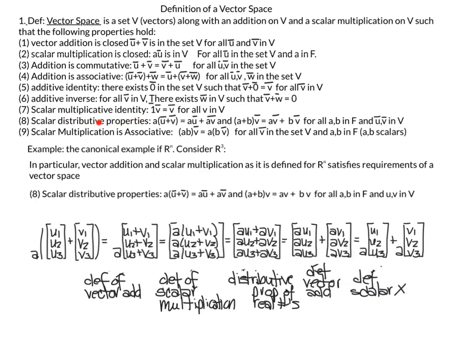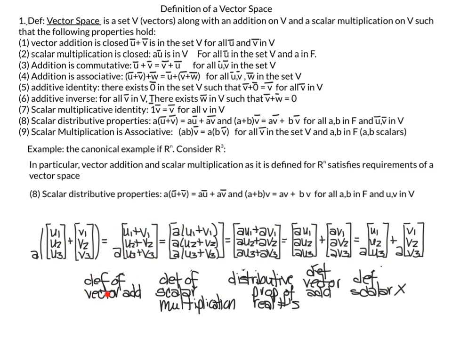Next is our scalar distributive property. So a scalar a times the vector u plus v is going to equal the scalar a times the vector u plus the scalar a times the vector v. Here I have a times the vector u plus v, which, adding u plus v, gives us a times u1 plus v1, u2 plus v2, u3 plus v3.